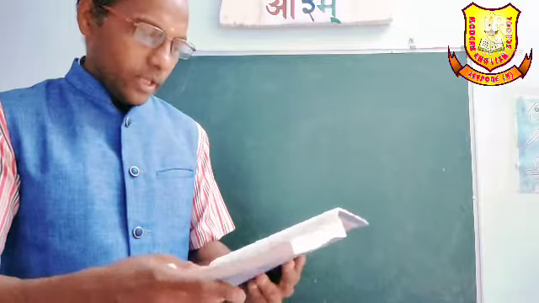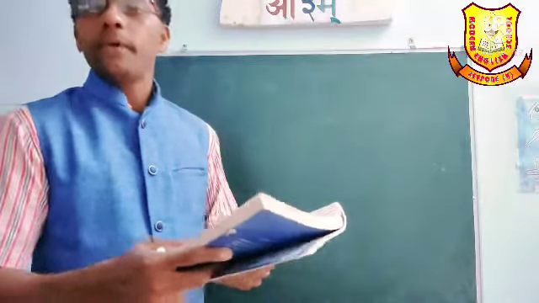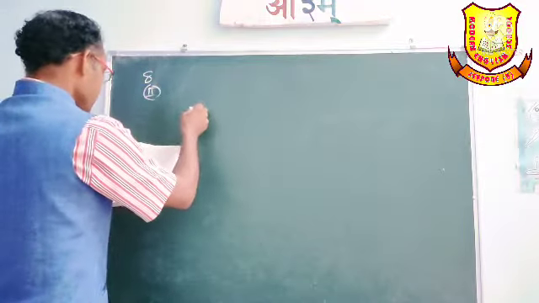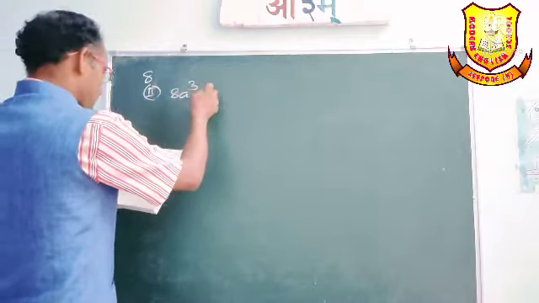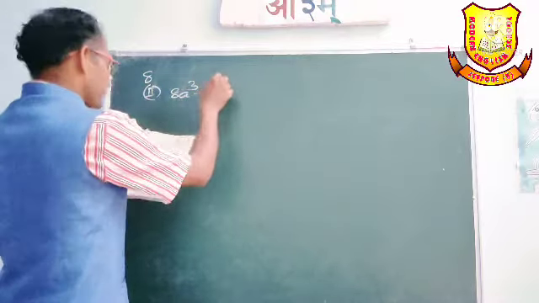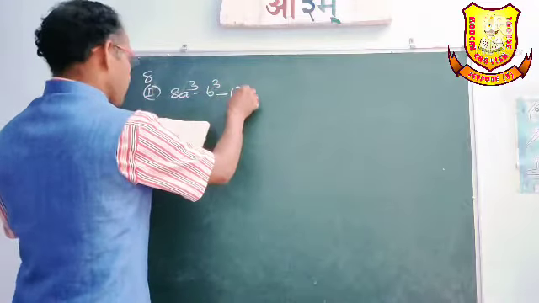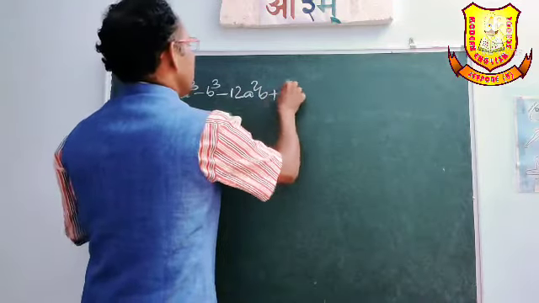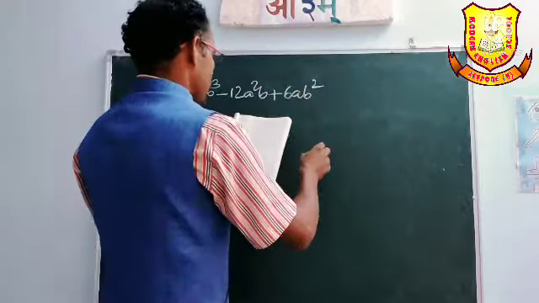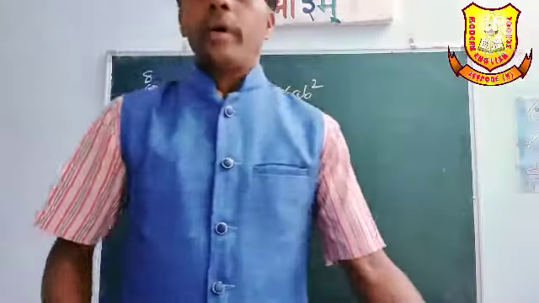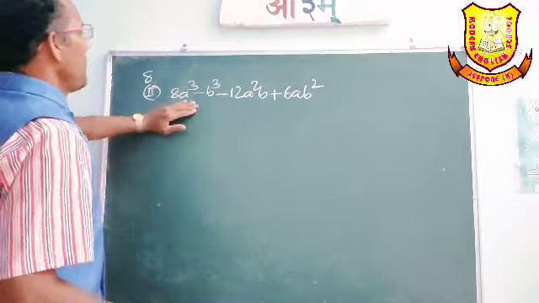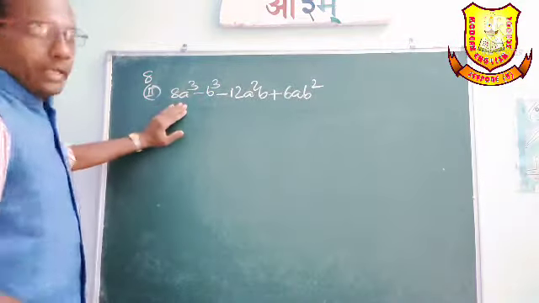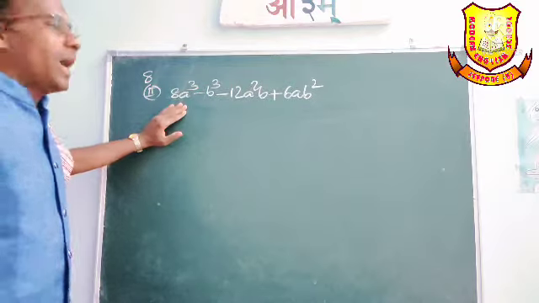First, question number 8, part 2, I am doing. 8a cube minus b cube minus 12a square b plus 6ab square. Try to understand this. We have to apply the algebraic identity to factorize this. So how can you factorize it?